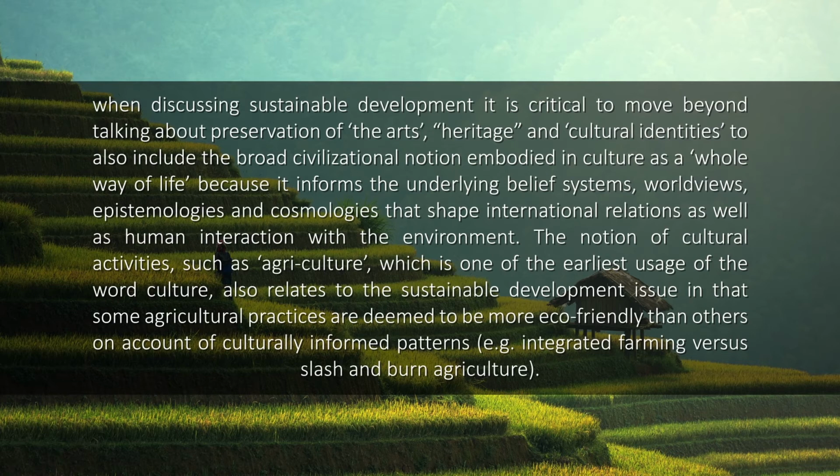Now, the notion of cultural activities, coming to that point, if you look in the cultural civilization such as agriculture, agrarian civilization is one of the earliest uses of the word culture, and it also relates to the sustainable development issue that we talked about in the last class when we talk about sustainability. That sometimes we talk about some of the agricultural practices deemed to be more eco-friendly than others on account of culturally informed patterns.